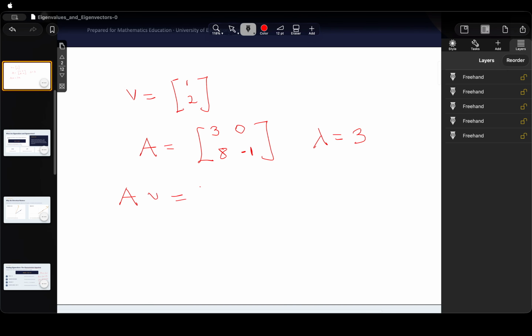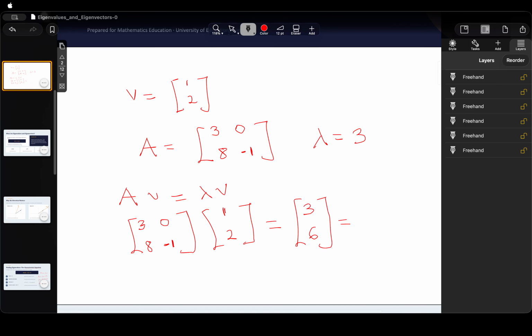So AV equal to lambda V means that I have the matrix A, 3, 0, 8, -1, times the vector (1, 2). If you do the matrix multiplication, this gives us (3, 6).